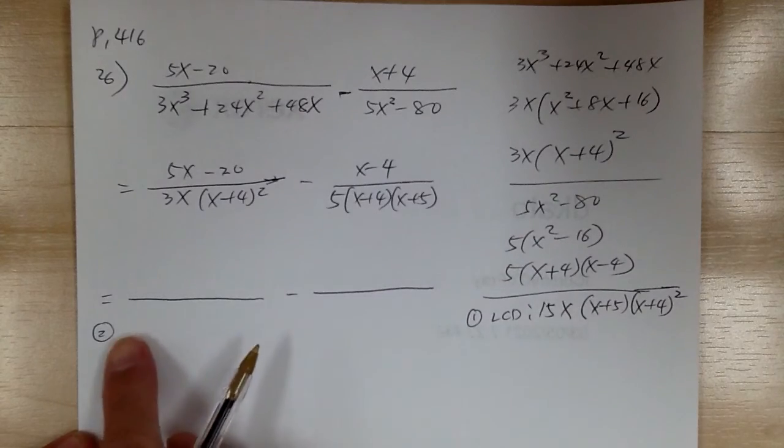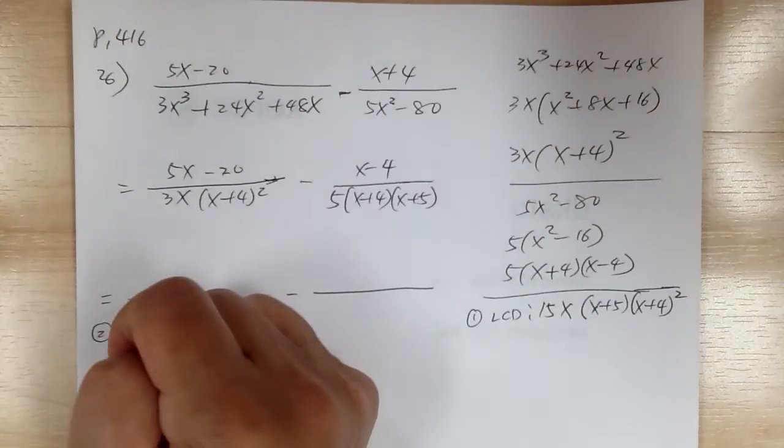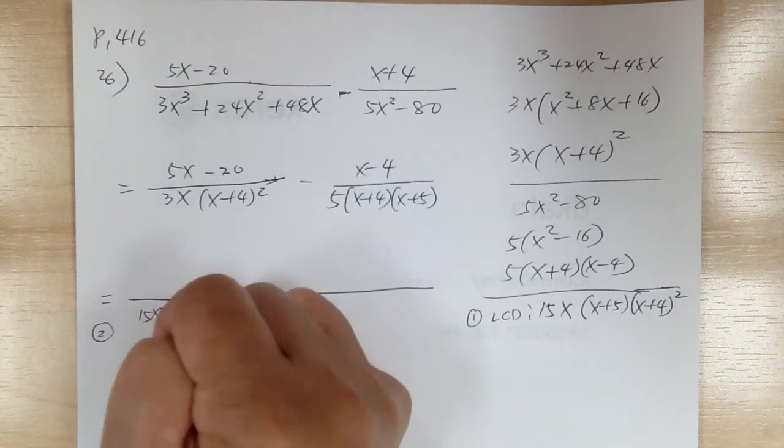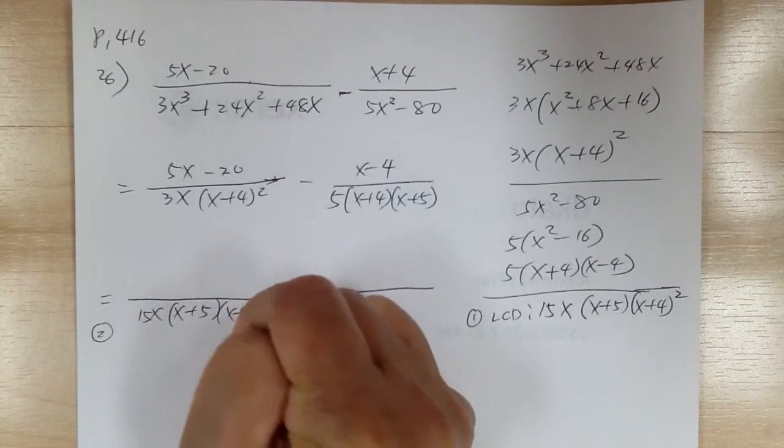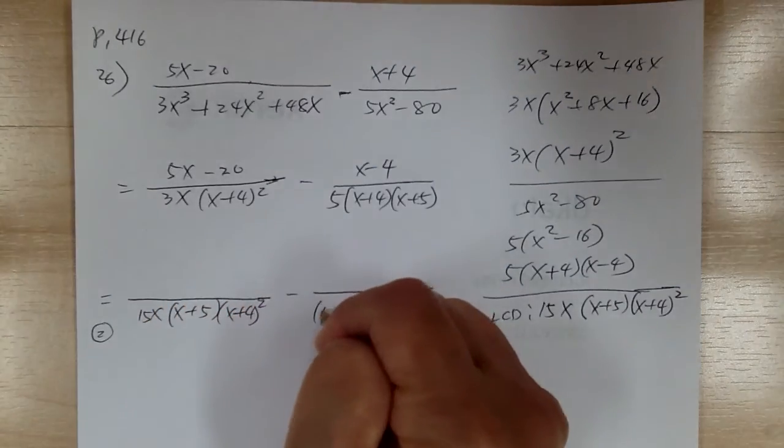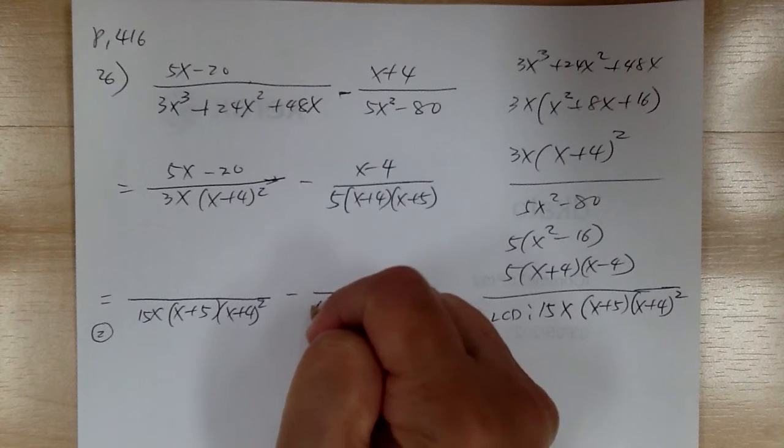So now you can go ahead and get your denominator ready. So you're going to get 15x, x plus 5, x plus 4 squared. Doing the same thing over here.